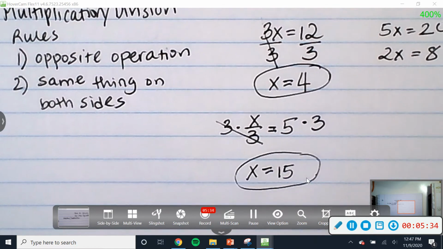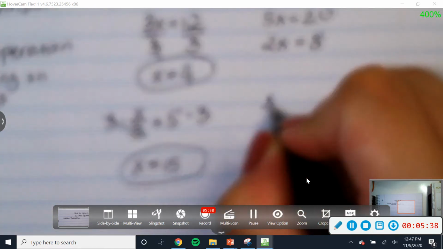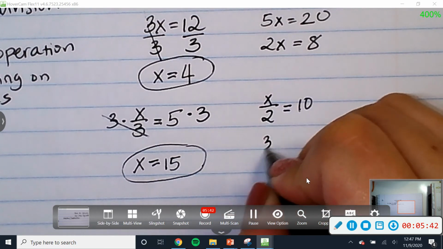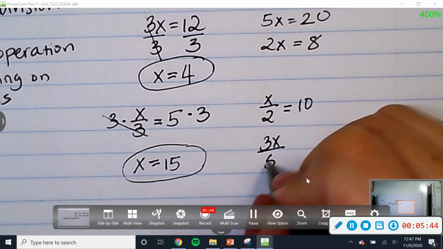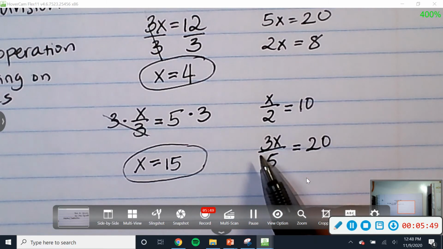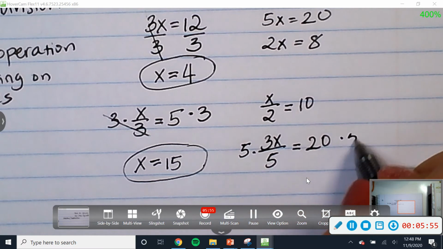Again, some example problems would be something that looks like this. You could have x over 2 equals 10, or 3x over 5 equals 20. You can still start the same way, and you could just multiply the denominator on both sides. This one is a little bit more tricky.